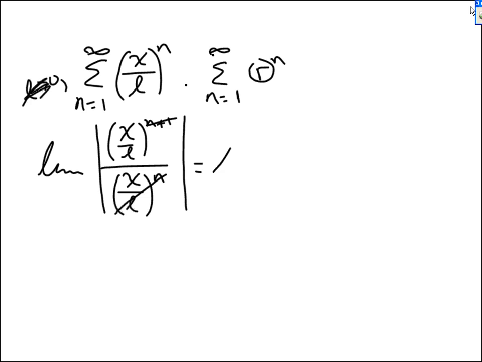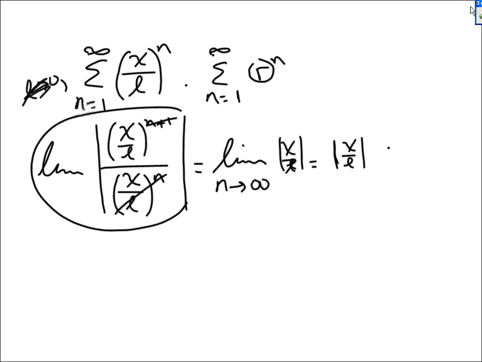This is equal to the limit of x over L as n goes to infinity. There's actually no n's left. So what you get is x over L. But for this to converge, this limit must be less than 1. But that's what I said when I thought of geometric series. I'm saying that this piece here must be less than 1. It's exactly what I have. So you could have done it that way as well.